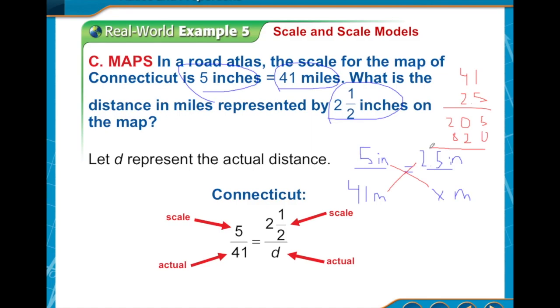So 2.5 times 41 is 1025 with 1 decimal place, 102.5. So 102.5 is equal to 5x.